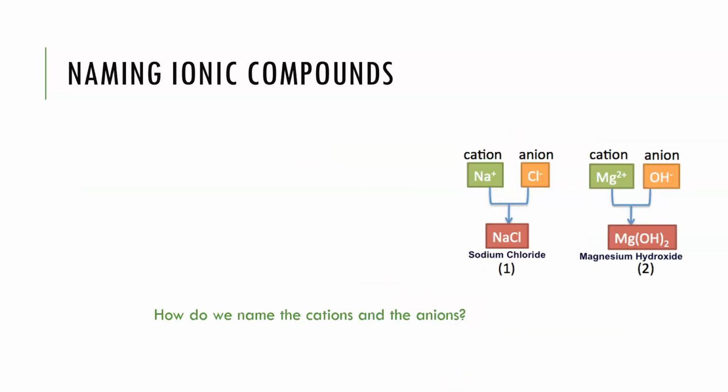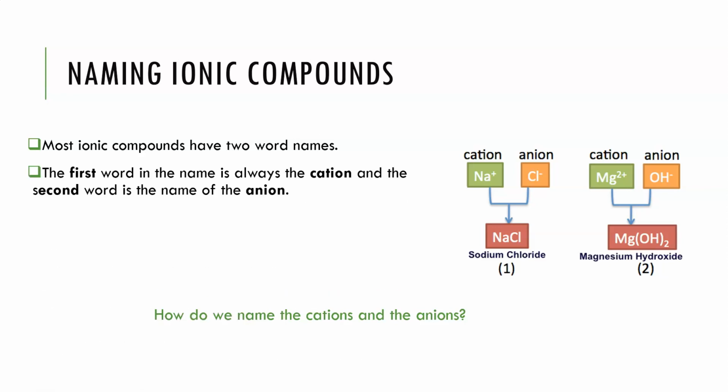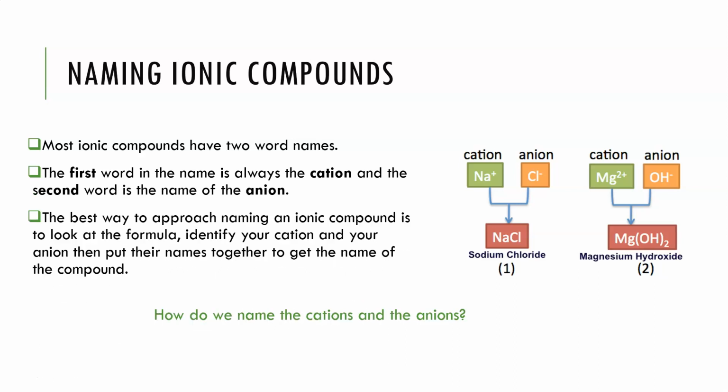When we come to naming ionic compounds, just as with the formula, the cation goes first. They all have 2-word names. The first word is always the cation and the second is the anion. These are known as binary naming, okay, when we look at an ionic compound.